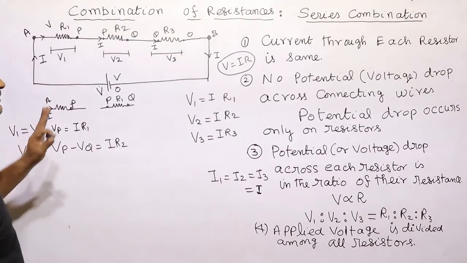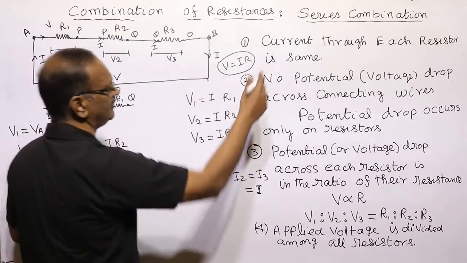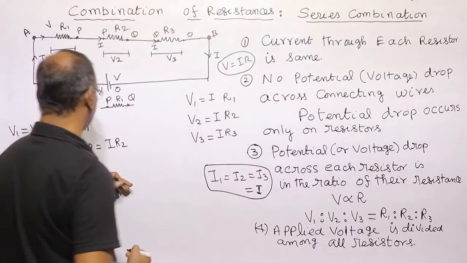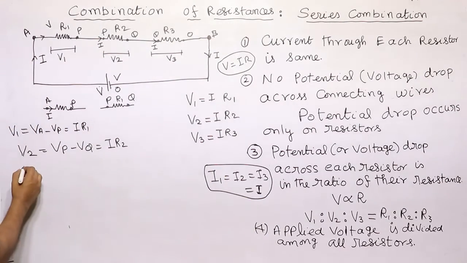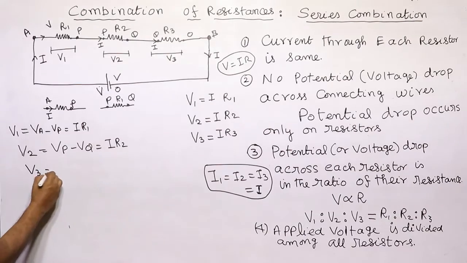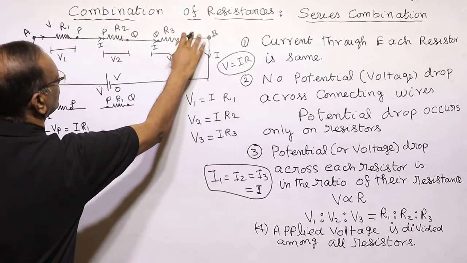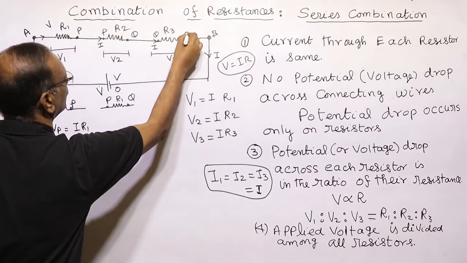So current through each resistor is the same. This we note. And what about V3? V3 is equal to VQ minus VB, which is the same potential.